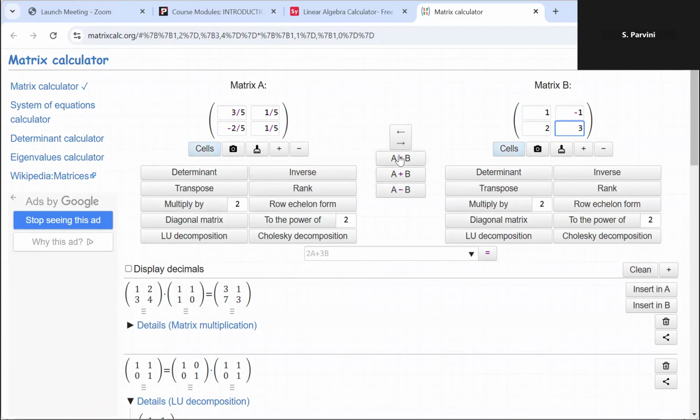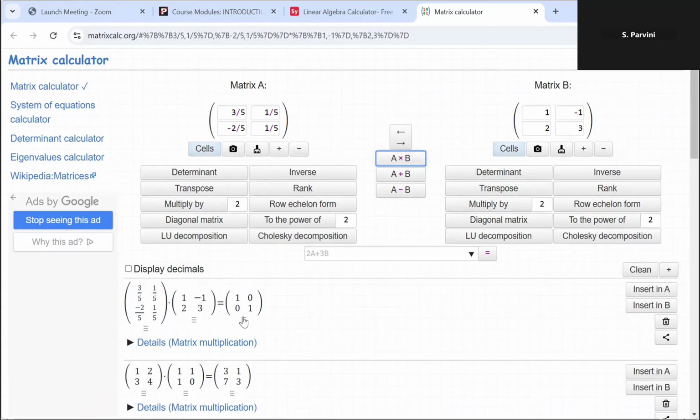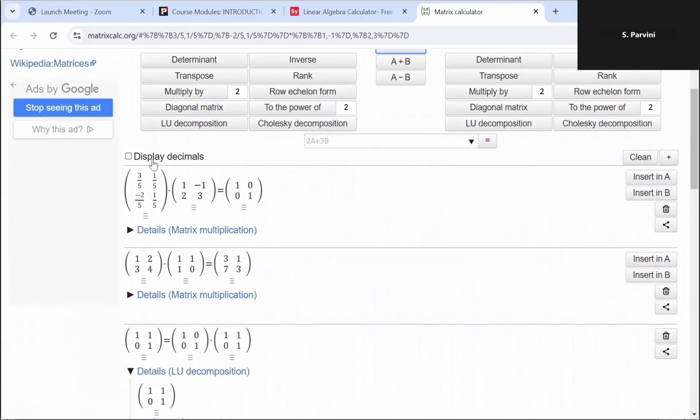And in here, it says A times B. I'm going to do left times right. And there it is right down here. This one, display decimal. See that? This matrix was our B, and this one was A. The product is the identity matrix. You see how that works? So we just showed that BA is equal to the identity matrix. So yes, they're inverses of each other.